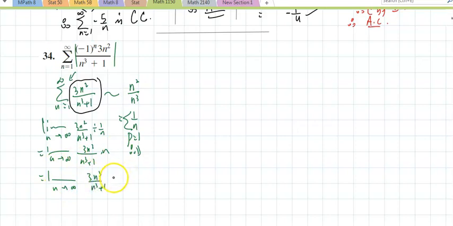I could use L'Hopital once, or divide by the highest power term of the denominator. Since it's only a one step problem, it doesn't really matter. So that is 3, bigger than 0.